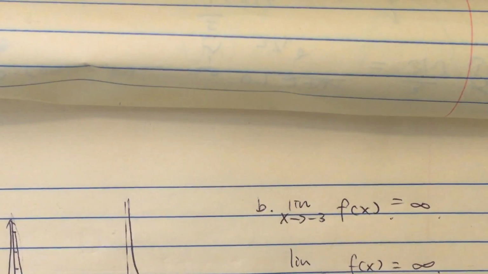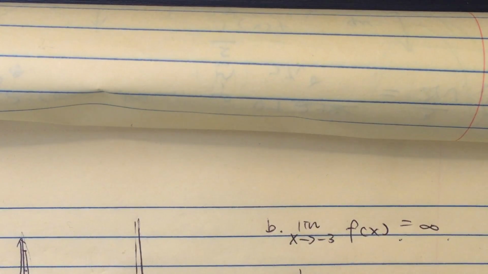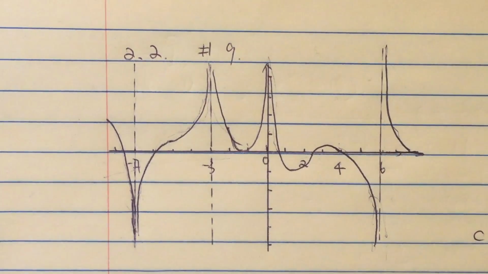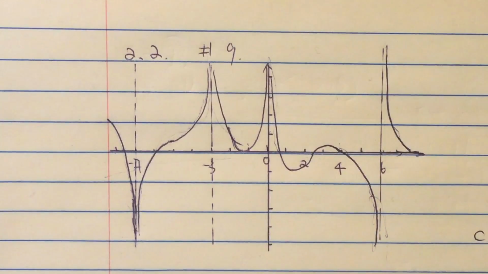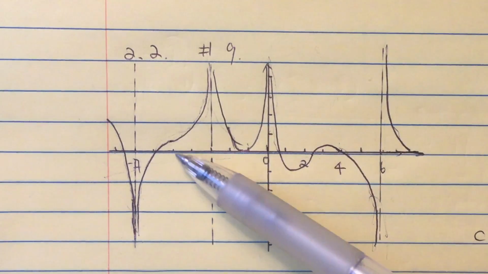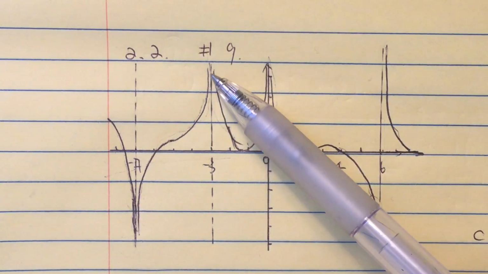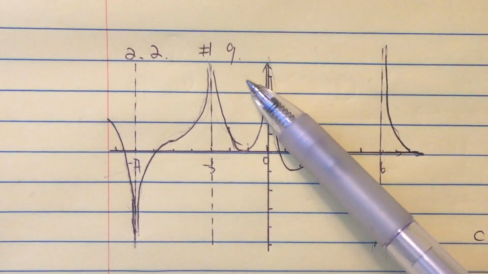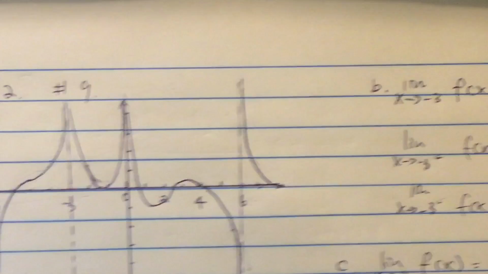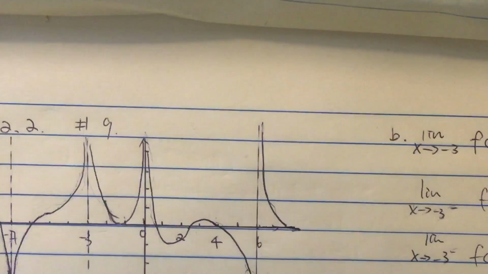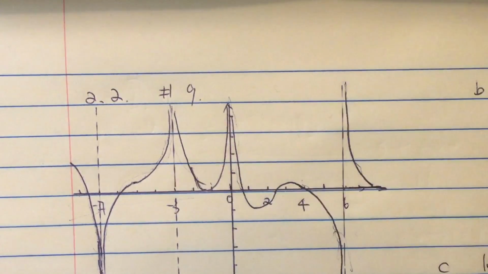Okay, for question B, you're asking us to find the limit as x approaches -3 in the graph. As with the previous question, we need to find the limit as x goes to -3 from the left side and the right side. So the limit as x goes to -3 from the left side, the f(x) value equals infinity.